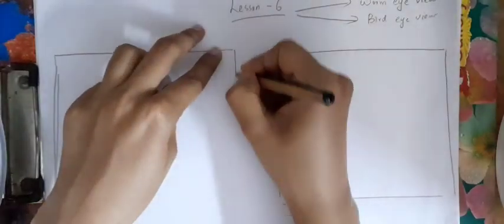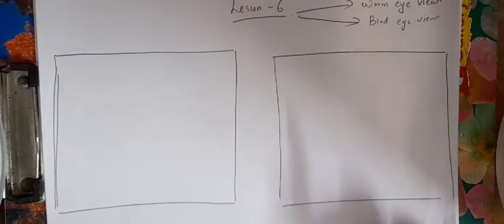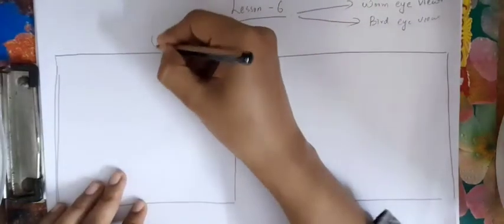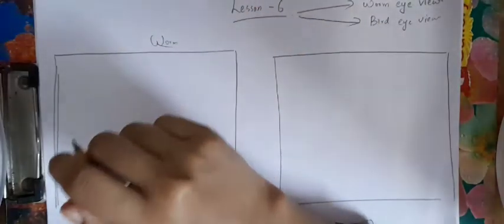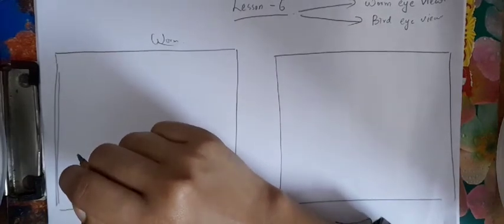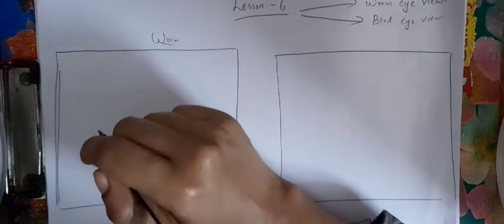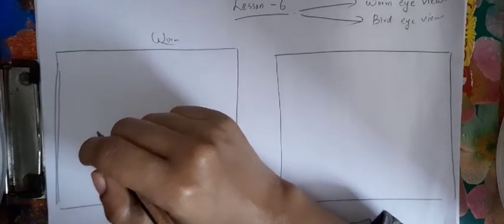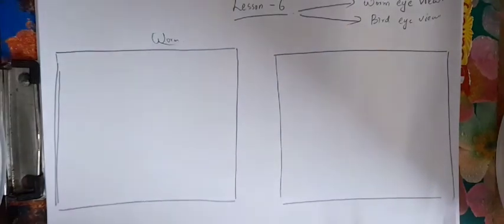So let's draw it. This is worm eye view. A worm in a street or in a town is able to see the buildings in a much different manner. So how does it see in three-point perspective?